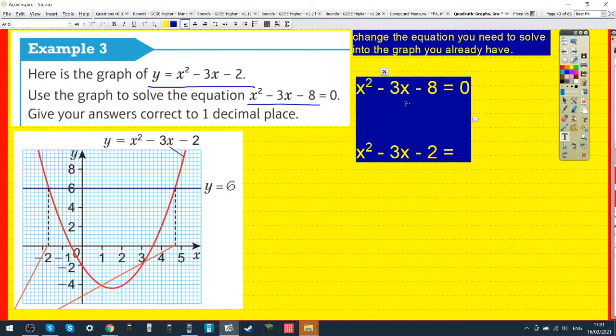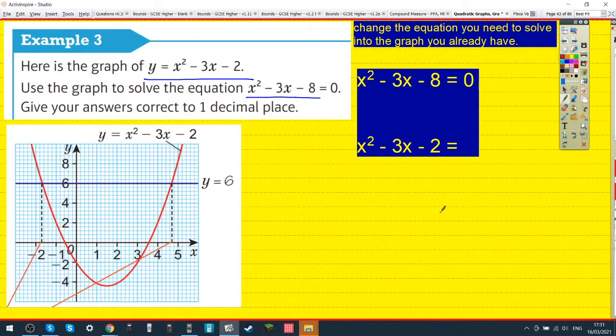The two 3x's cancel each other out. So you would have to add 6 to both sides to change the top one into the bottom one. So would it be 6x squared minus?